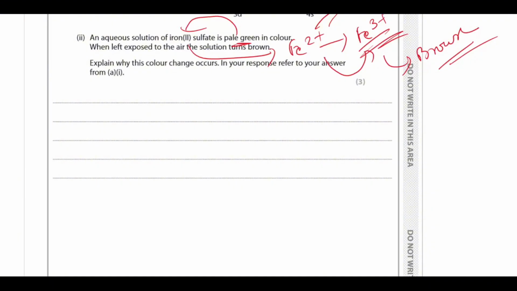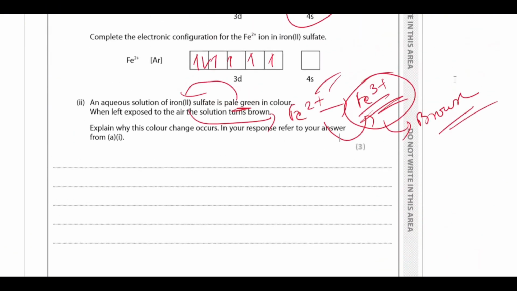And why does this form? It's because Fe3+ in nature is more stable than Fe2+. The reason why is pretty simple. If you see down here, the electronic configuration of Fe2+ is something like this, but if you want to write the electronic configuration of 3+, same case, it's just that one electron goes away. So why is Fe3+ more stable?